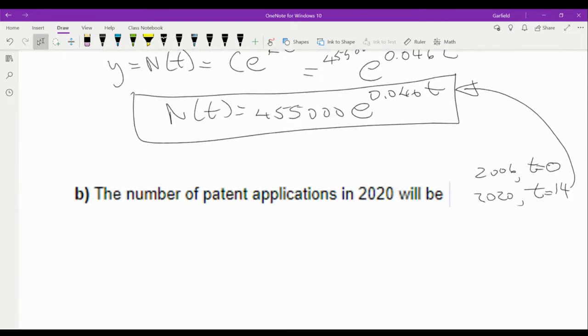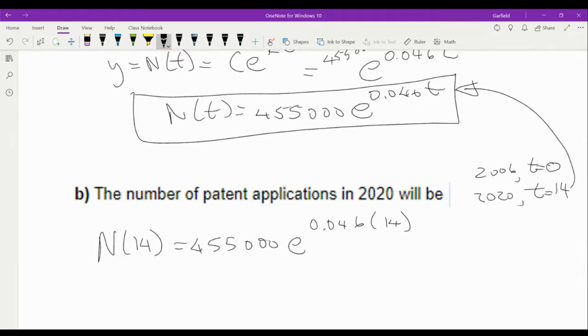So we're doing N of 14, since that's a time, that'd be 455,000 times e to the 0.046 times 14.